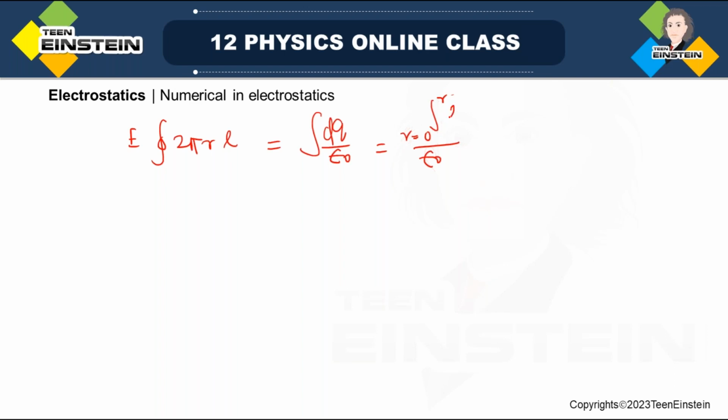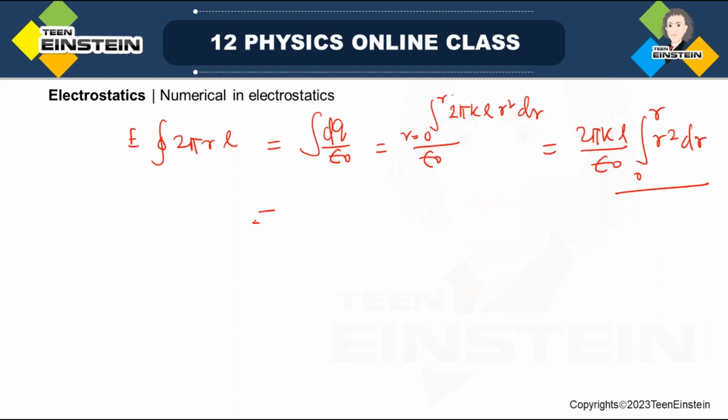This has 2 pi k l r square dr. So 2 pi k l by epsilon naught, integral of r square dr, which will be r cube by 3. So this comes as 2 pi k l by 3 epsilon 0 into R cube.